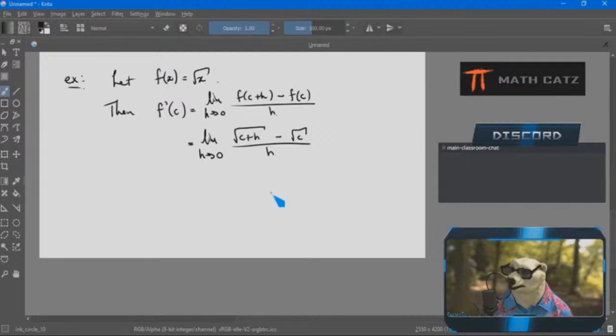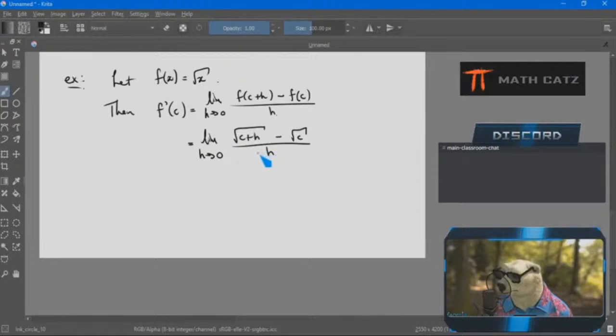This is my simplest square root function. And even this, people might feel, oh, I don't like this at all. Fair enough. But I want to at least see once how the limit definition has to be used to establish more efficient rules, at least in the beginning. So now what on earth do I do here?